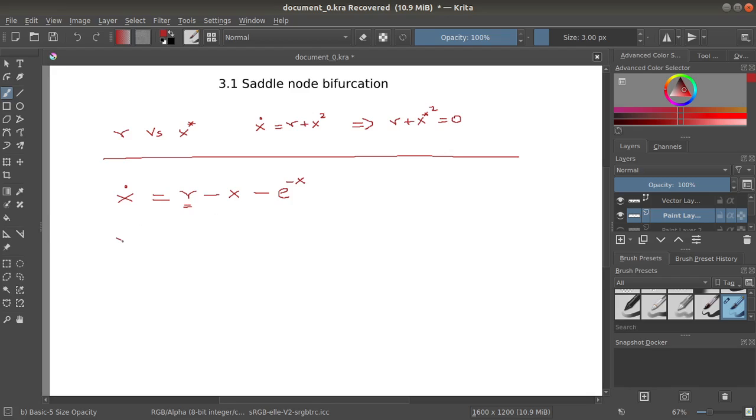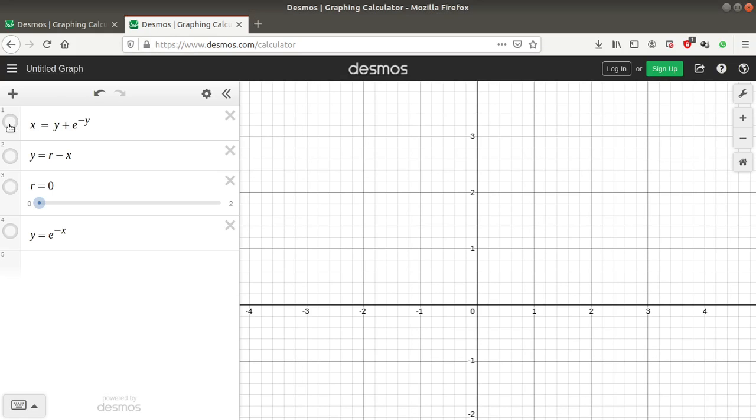So r is equal to x star plus e to the power of minus x star, right? So this is the curve which I have to plot. So let's plot this one. Okay, where here y represents x and the x represents r. If I plot, then this is the curve I am getting.